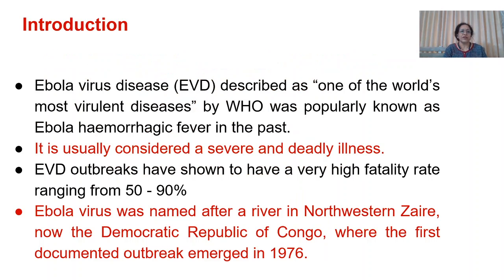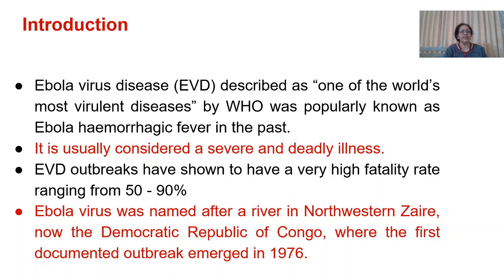It is also called Ebola virus disease, EVD. It is described as one of the world's most virulent diseases by the World Health Organization and was popularly known as Ebola hemorrhagic fever in the past. It is a highly contagious disease.